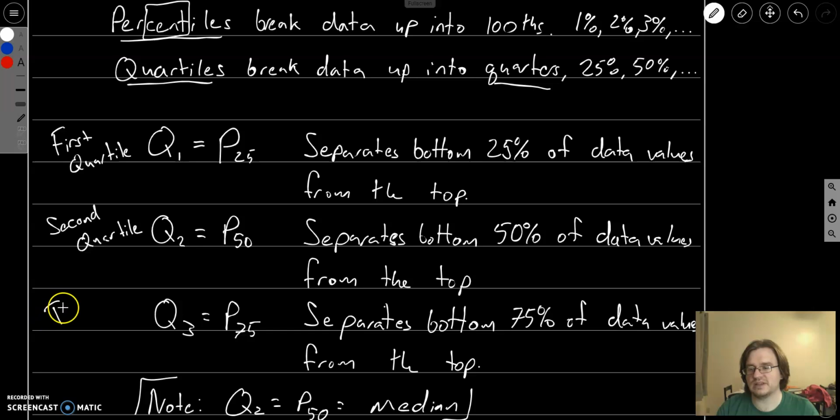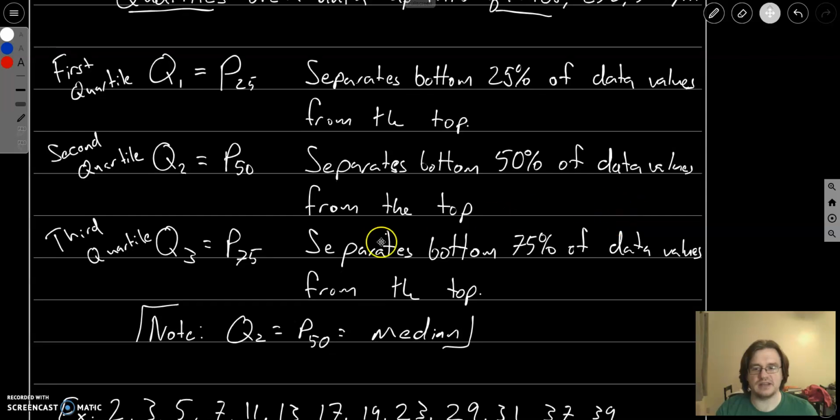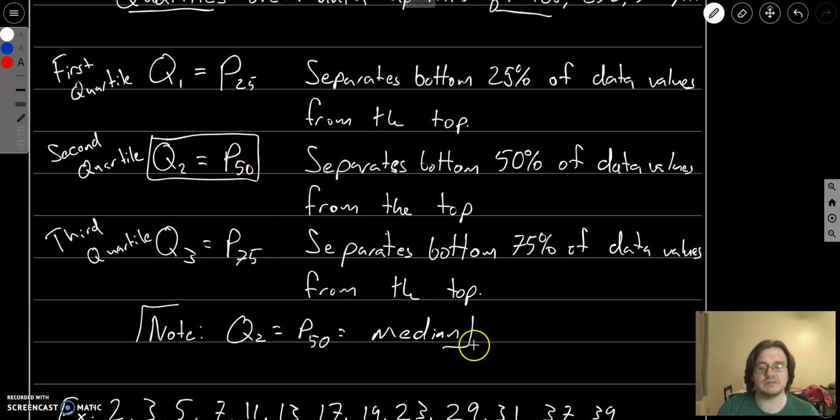And then the third quartile is the value that separates the bottom 75%, as in the bottom 3/4 of the data, from the top. Now, as I mentioned very briefly last time, the second quartile, the 50th percentile, is just the median. It's the value that divides the top half of the data from the bottom half of the data.